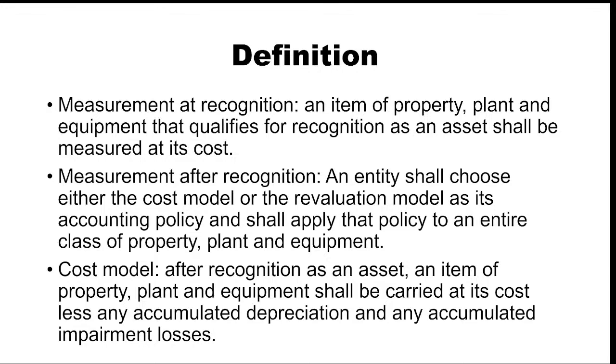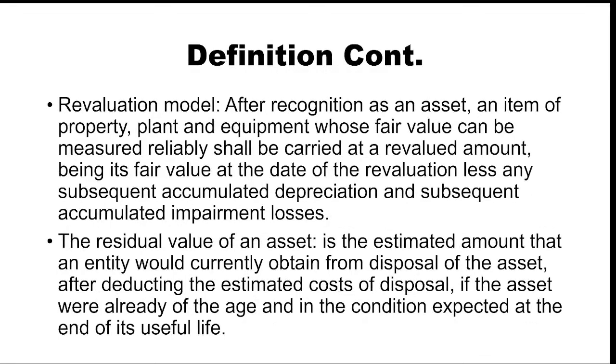So what about the cost model that we have seen above, after recognition? After recognition as an asset, an item of property, plant and equipment shall be carried at its cost, less any accumulated depreciation and any accumulated impairment losses. So that is what we call the cost model. What about the revaluation model, also under measurement after recognition?